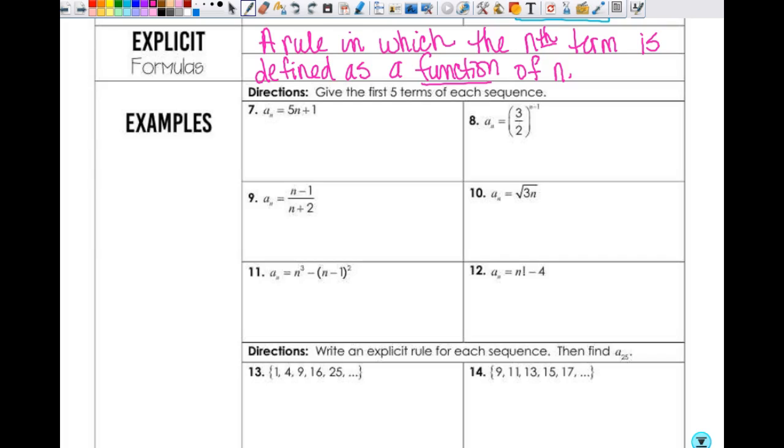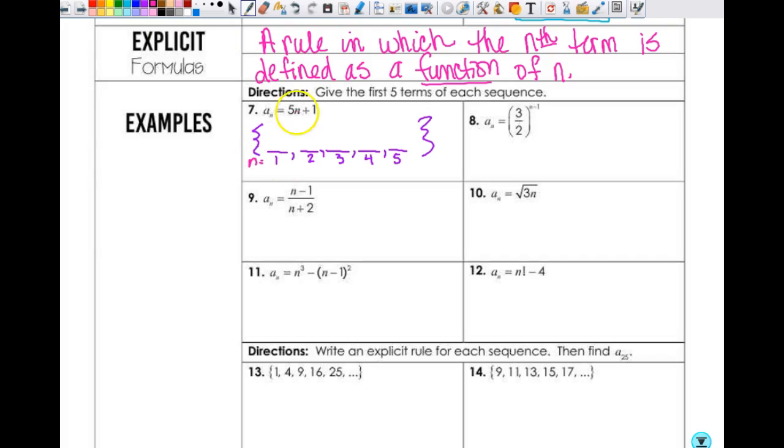But it says give the first 5 terms in each sequence. So here's what I want you to remember when you're doing this. They're asking me for the first 5 terms. 1, 2, 3, 4, 5. So the term numbers are 1, 2, 3, 4, and 5. That's the term number, okay? So to find each term, you just literally substitute in n, because these are all n's, right?